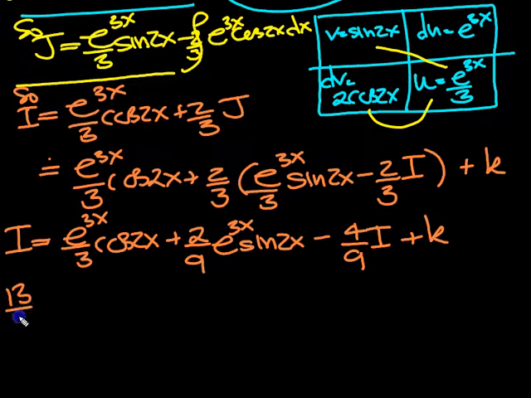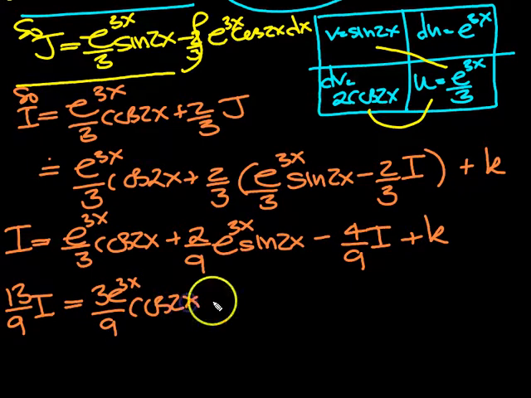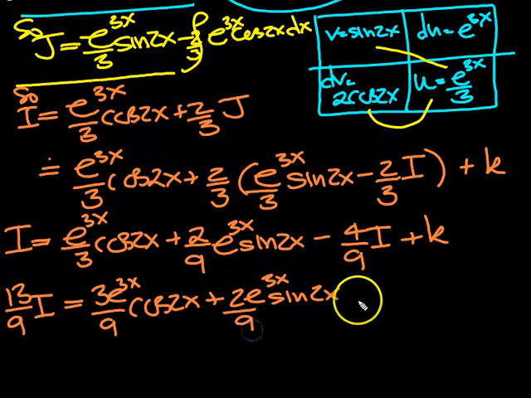So 13 over 9 I will equal, and I'm going to scale that up into 9ths. So I'm going to write 3 e to the 3x over 9 cos 2x plus 2 e to the 3x sine 2x over 9 plus the K.